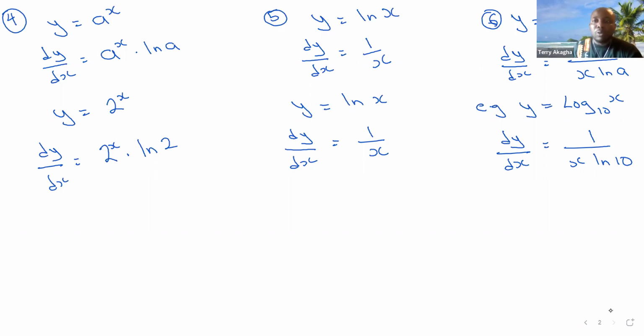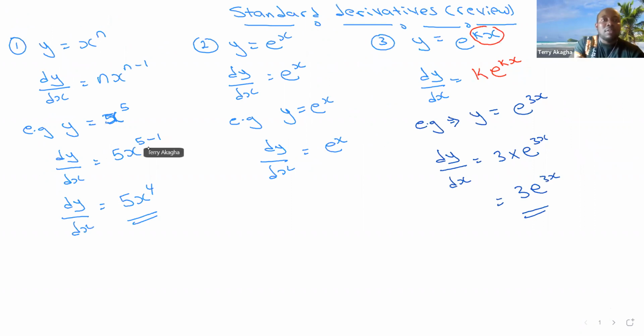So just to show you, what I said first is, when you have a function like y equals x raised to power n, and you differentiate it, you bring the n down, and that will give you n x^(n-1). So you have y equals 5 raised to power x, it will be 5x^(5-1). If you have an exponential of a function, it's going to still give you the same function, okay?